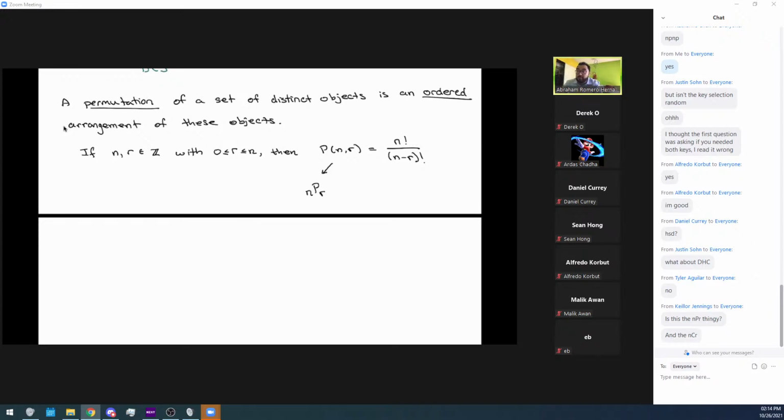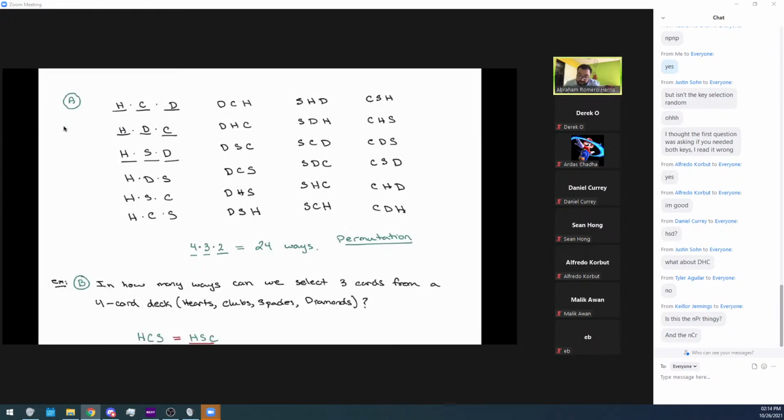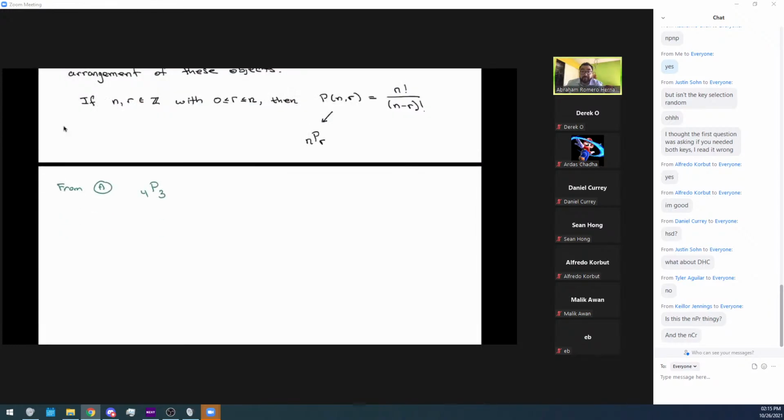So if we go back to part A, this is a permutation. The way we write it, we write 4P3. We have 4 objects, and we're going to permute 3 of them in 3 spots. So that's the same thing as saying 4 factorial over 4 minus 3 factorial.